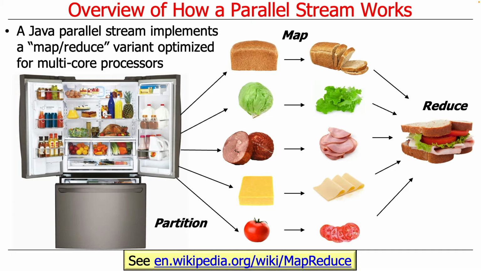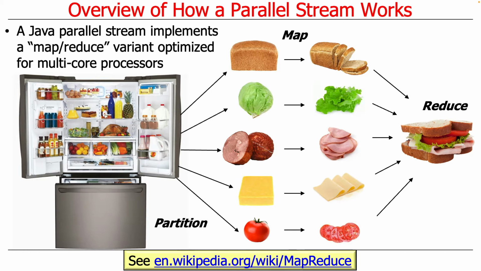Because I love visual metaphors, this is the MapReduce model turned into food. Imagine you have a refrigerator full of all kinds of yummy food like bread and lettuce and some kind of meat, cheese, tomatoes, pickles, whatever you want to have. The first phase is the map phase, which works by taking what you have as input and slicing it up, like chopping it into pieces.